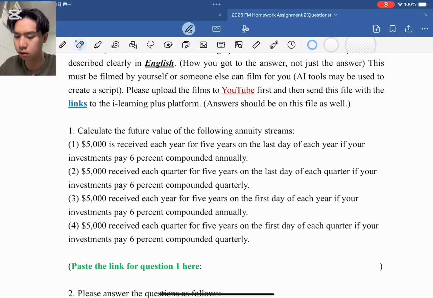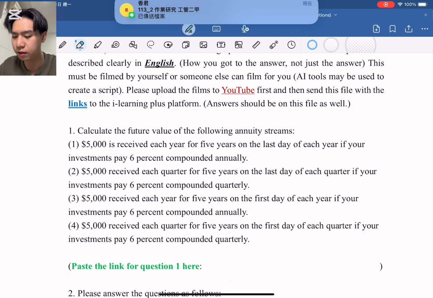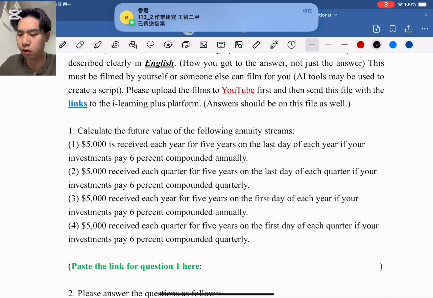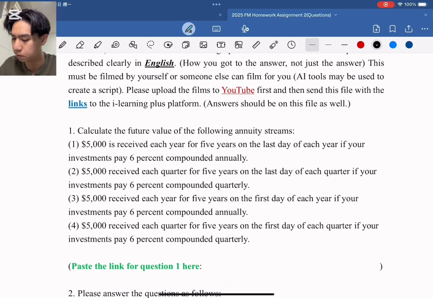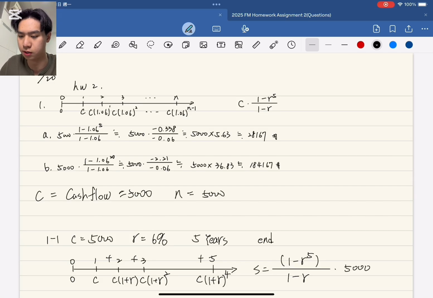And for 5 years, so N equals 5. And on the last day of each year, the interest rate is 6%. Rate equals 6% for 5 years.